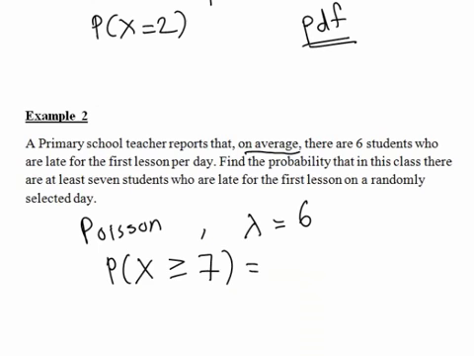By contrast, if we look at example 2, there we wanted the probability that at least 7 students were late, which was the probability X greater than or equal to 7. So that means that this was a CDF problem, and in fact we would need to adjust our tables a bit, because the tables would give probability X less than or equal to certain values.